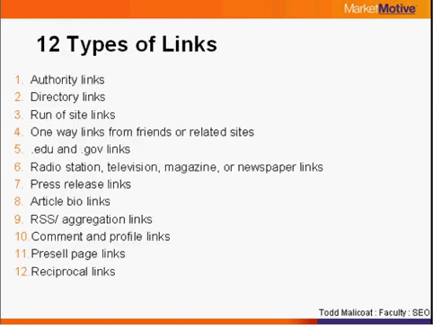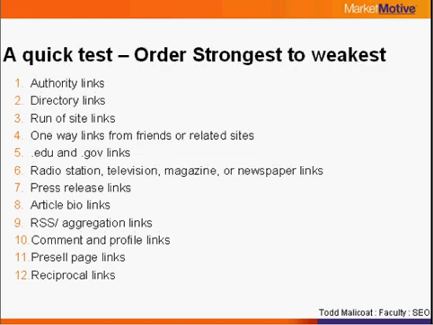So this is the final rundown of the 12 types of links, just as a review, and we'll have a test here briefly for you on the next page. So a quick test. We've gone through all the different types of links. Let's look at these for a moment, and you can press pause on the presentation and order these by strongest to weakest.